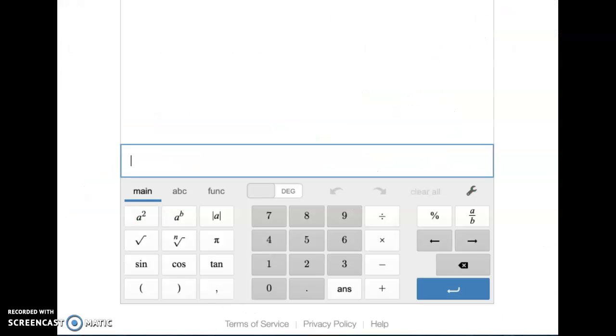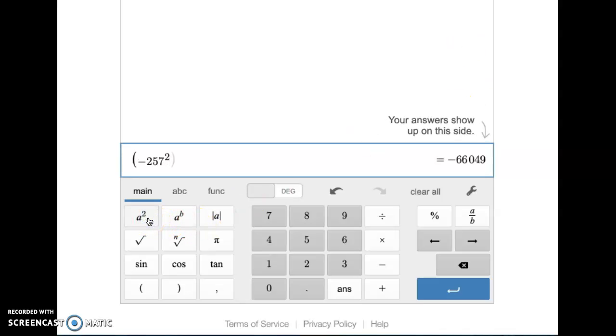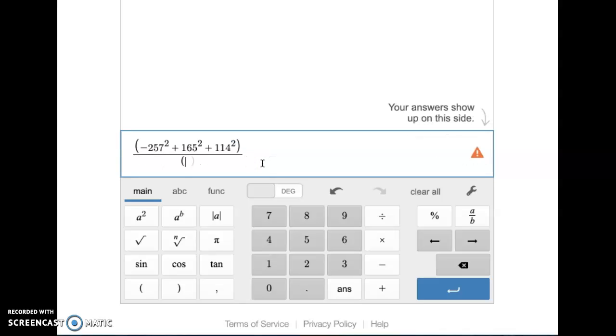So I'm going to go to Desmos and use their scientific calculator. And so the top, negative 257 squared, plus 165 squared, plus 114 squared. I'm going to exit out of the parentheses and divide and put parentheses around my denominator. 2 times 165 times 114.